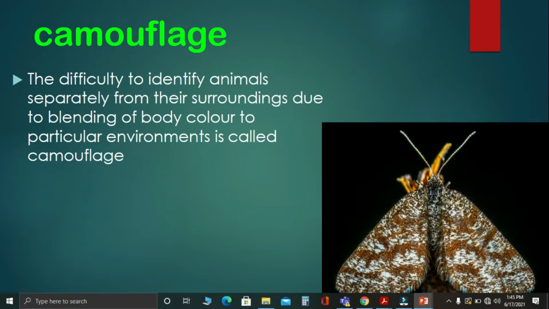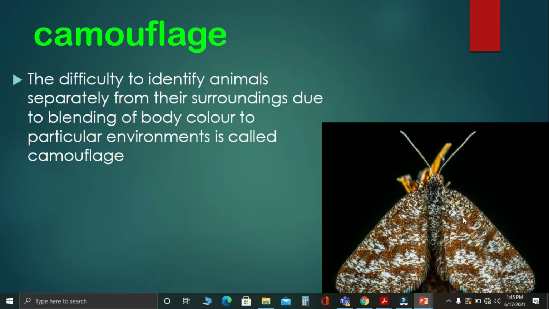That feature is defined as camouflage. The difficulty of identifying animals separately from their surroundings due to the blending of body color with particular environments is called camouflage. So observe the picture. This is the picture of a moth. It has feathers. These feathers are the same as the tree bark.